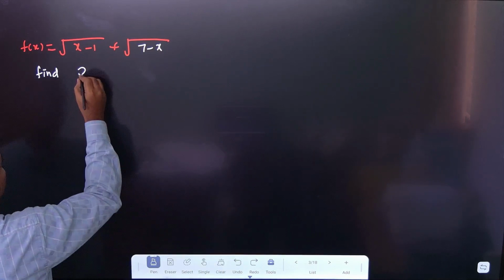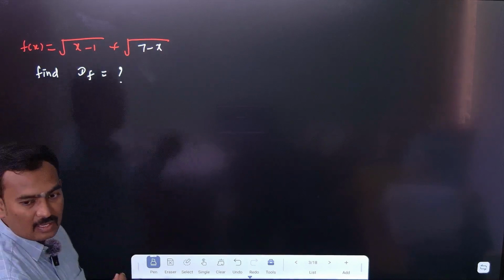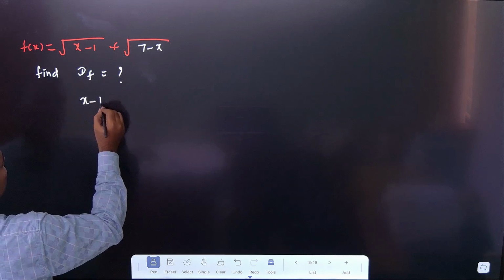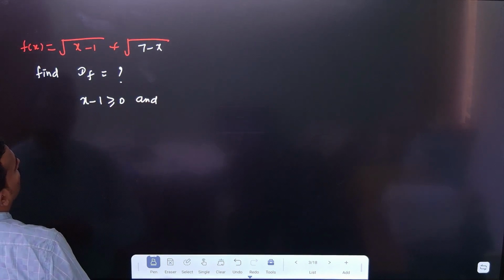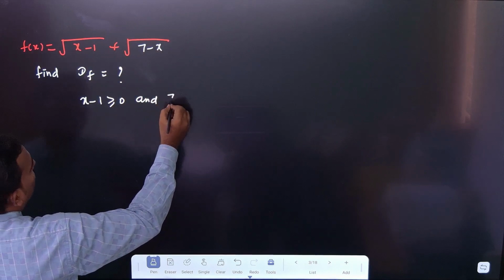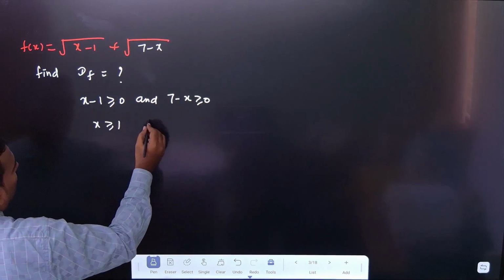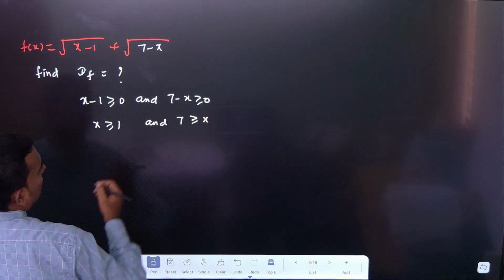Okay, so the domain of f is what? You already discussed that under the square root, the expression is always greater than or equal to 0, right? x minus 1 is greater than or equal to 0, and here 7 minus x is also greater than or equal to 0. So x is greater than or equal to 1, and 7 is greater than or equal to x, correct?